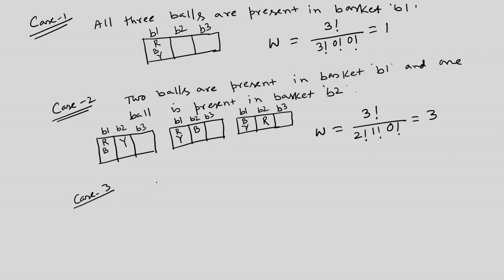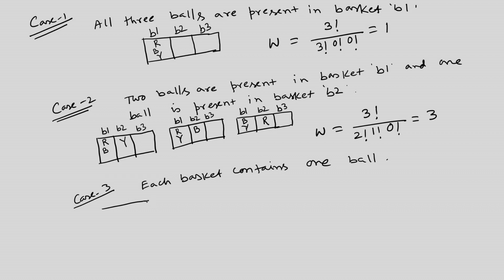Suppose case 3, okay. We have all baskets, or each basket contains one ball. So, how many ways can we distribute? Okay, let us see.